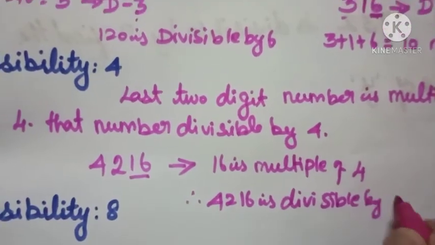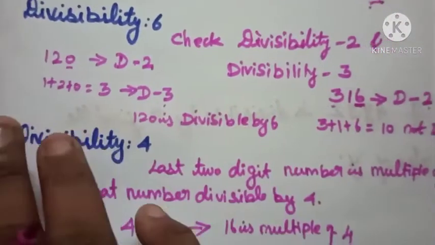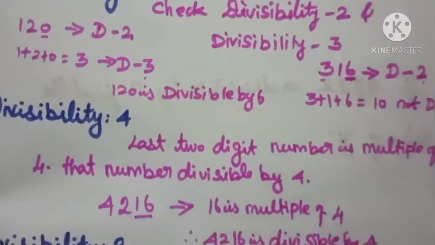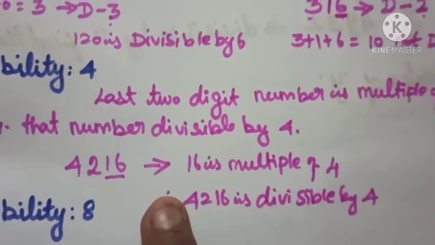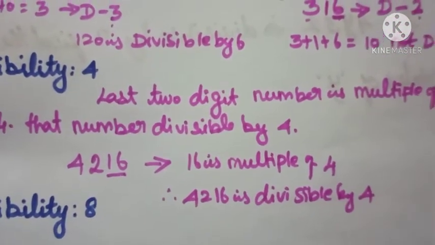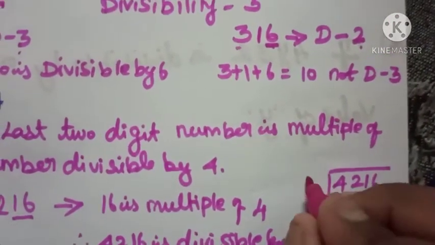Now, we only need to compare the last digits. If the last 2 digits are a multiple of 4, we can say the whole value is divisible. So you can check that 4216 is divisible by 4.